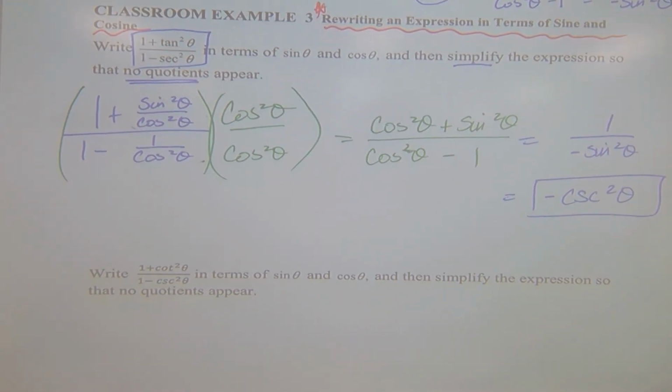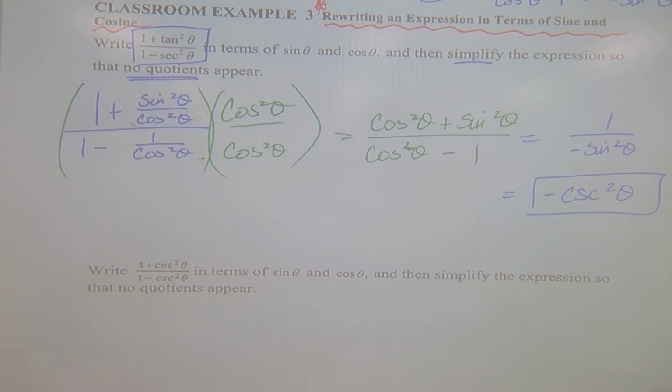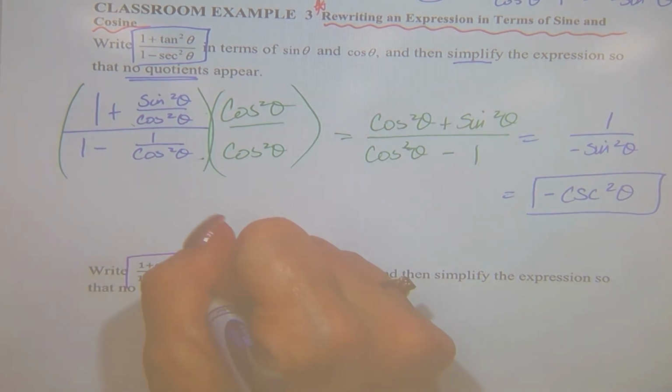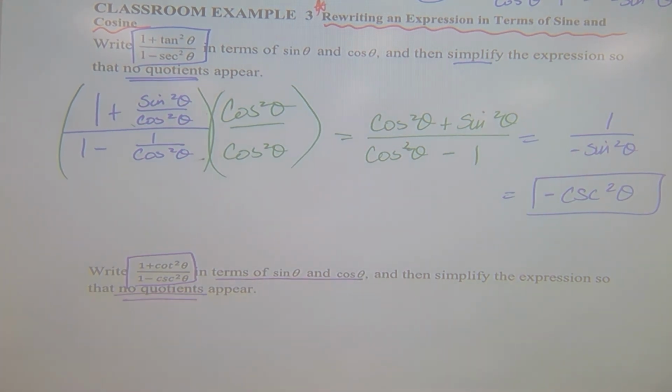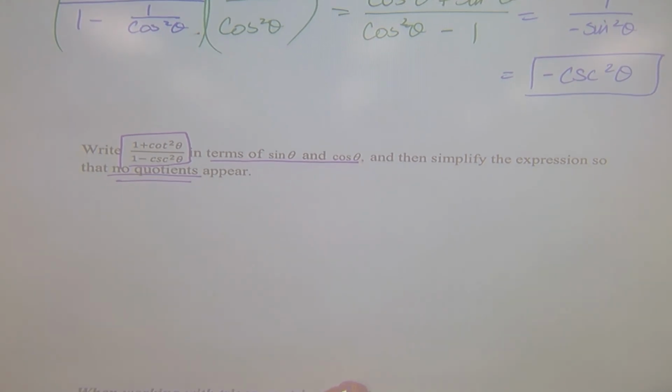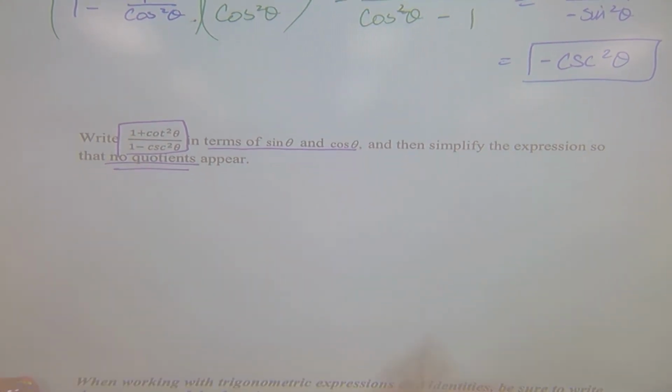All right, let's do it again. I'm going to encourage you to pause the video. Use writing in terms of sine and cosine as your tool to simplify until you don't have any quotients. All right, you pause the video, but I'm going to keep going.